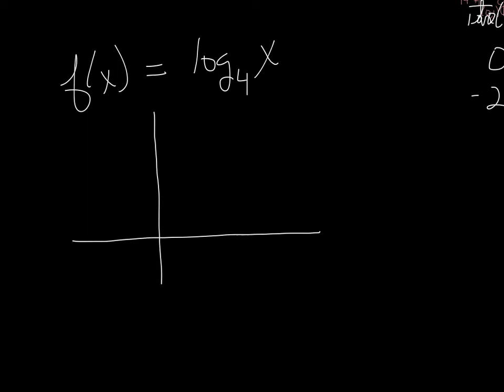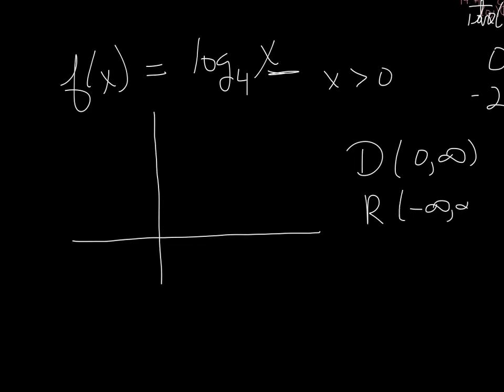What is my domain? It's going to be everything greater than 0. We set x has to be greater than 0. Whatever's here has to be greater than 0. What's my range going to be, Annalisa? Negative infinity to infinity. Where's my vertical asymptote going to be?